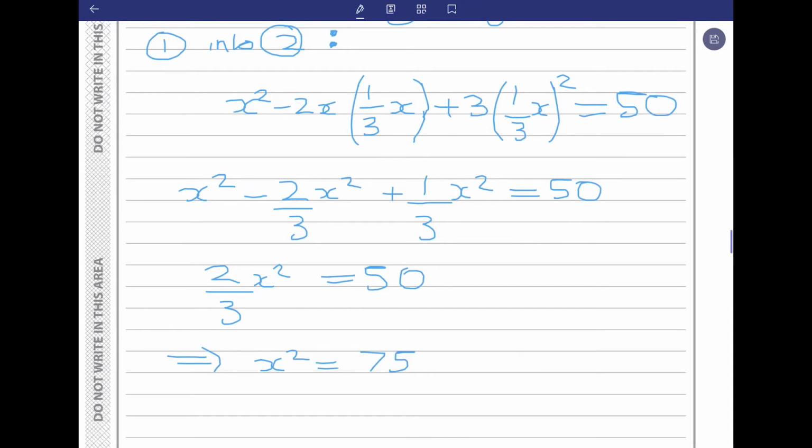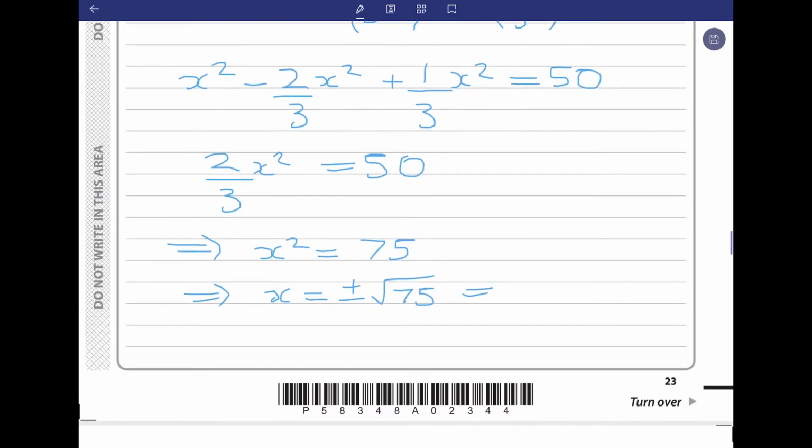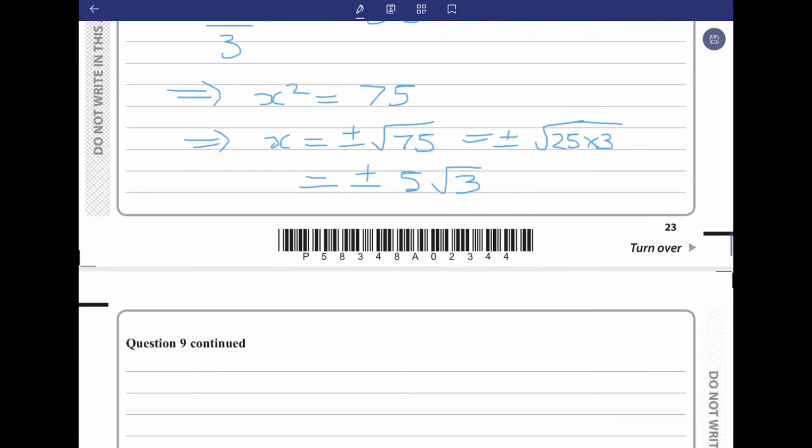And then we take the square root, plus or minus √75. Note this is plus minus √(25 times 3), and then square root of 25 is 5, so we get plus minus 5 times square root of 3. Now we've just got to use the equation y equals a third x to find y.